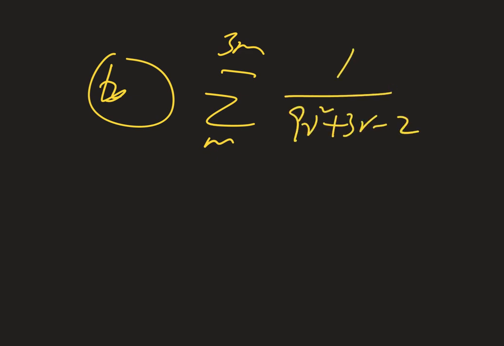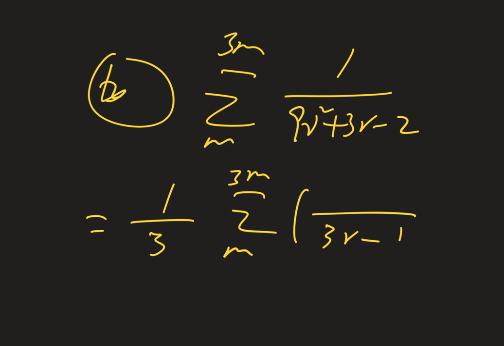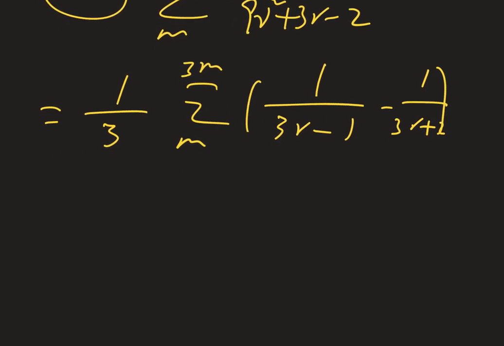This is not very difficult. So what we have is 1 over 3 times 3r minus 1 minus 3r plus 2. So you need to do the cancellation, cross cancellation.